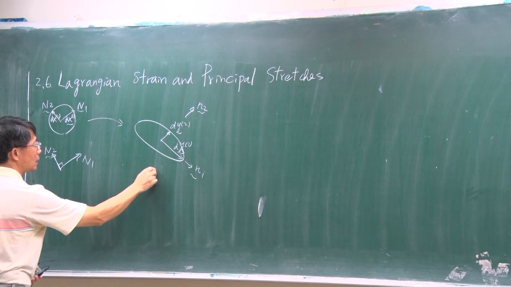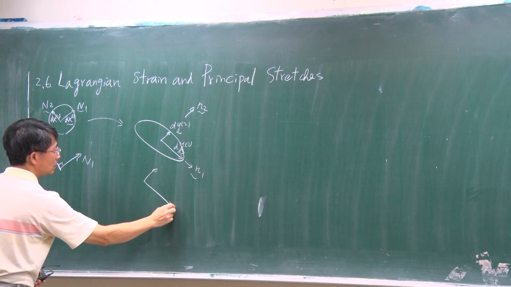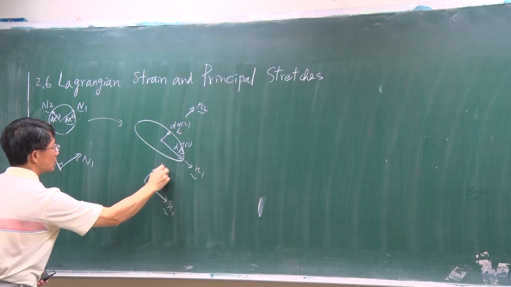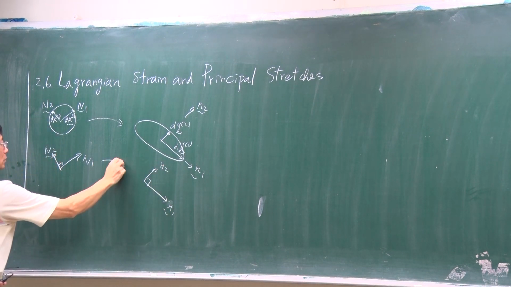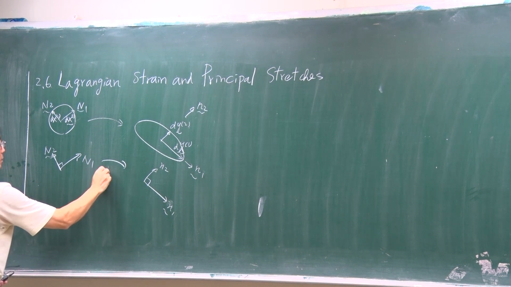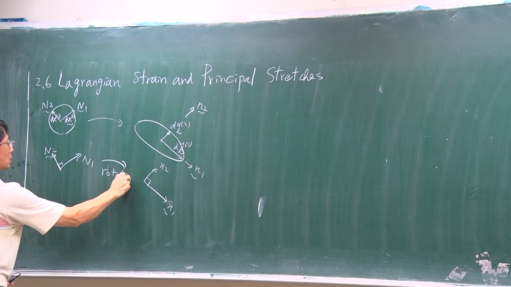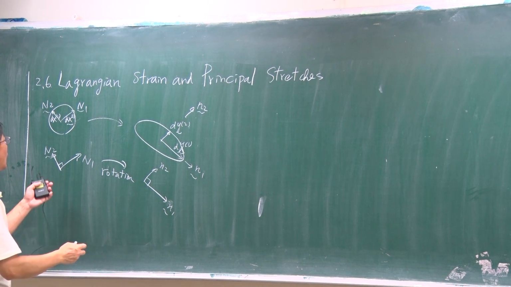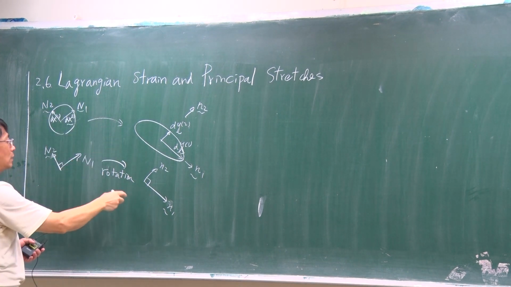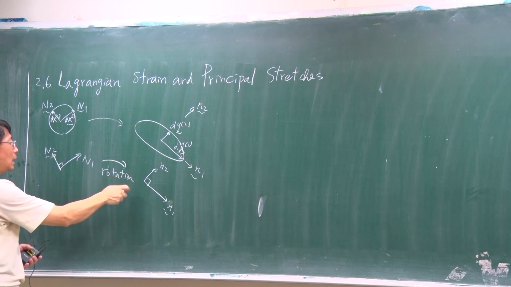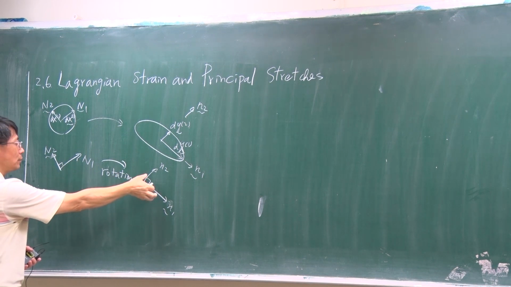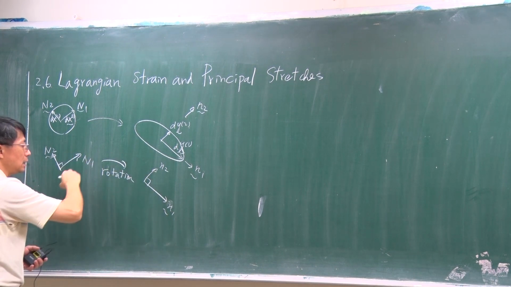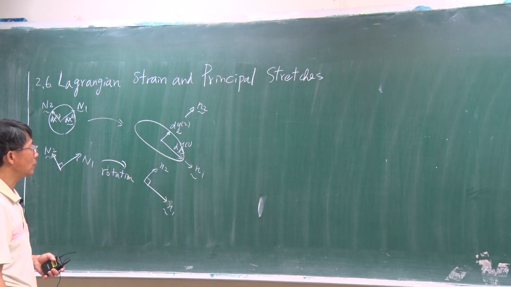We rotate the material line. We have rotation, and of course we have deformation too. The rotation is carried by the angle difference between these two sets of eigenvectors.